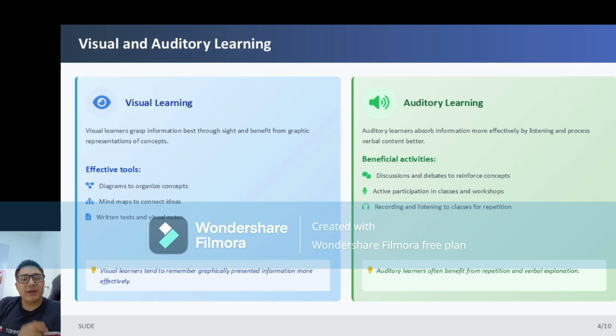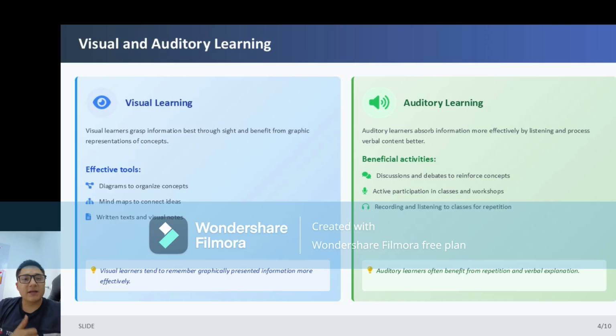Visual and auditory learning styles. Visual styles. Visual learners retain information presented graphically. The most effective tools for them are diagrams to organize concepts, mind maps to connect ideas, written text, and visual notes.